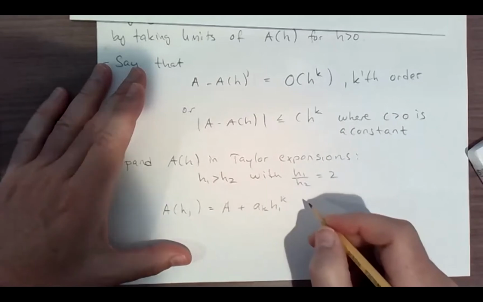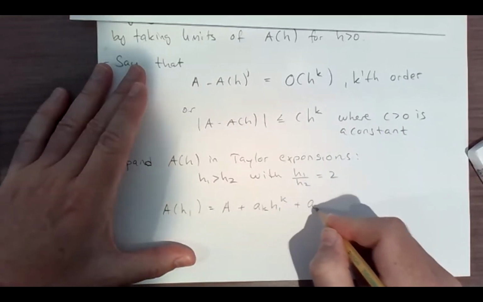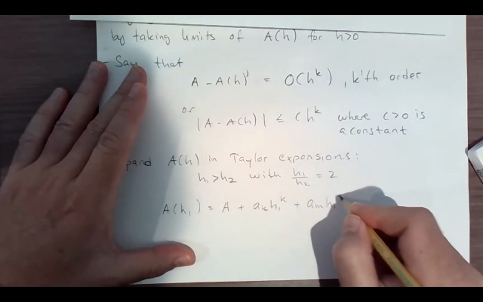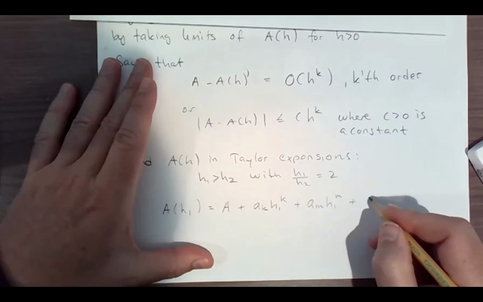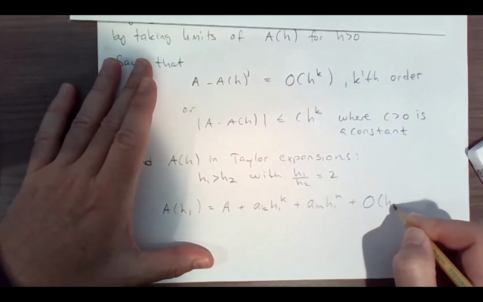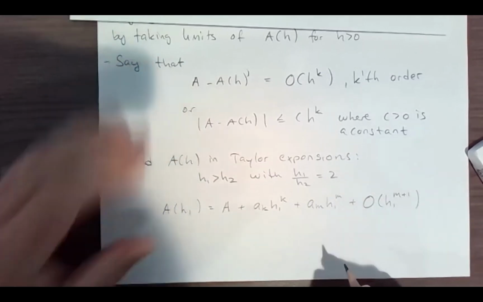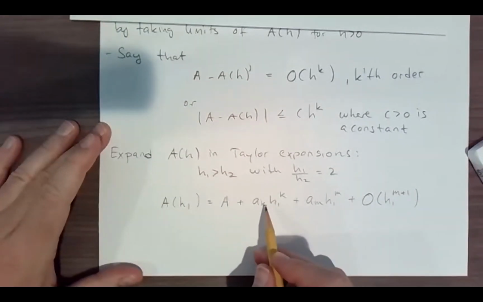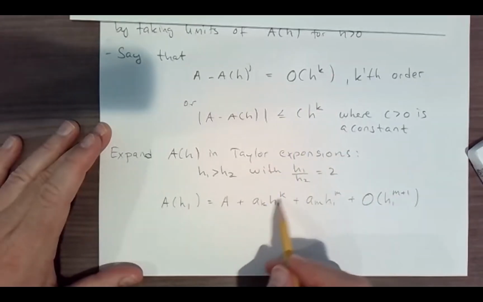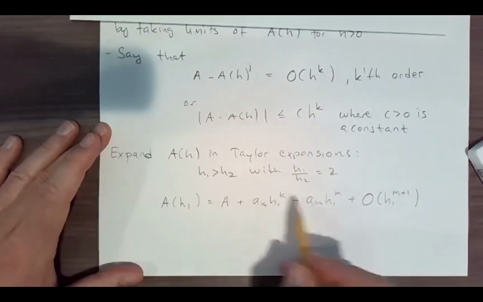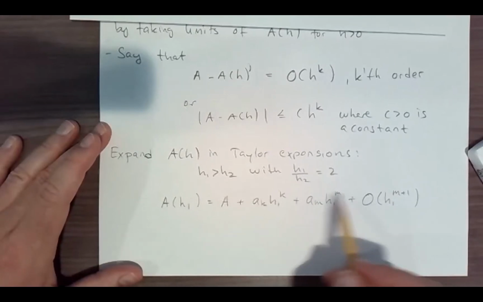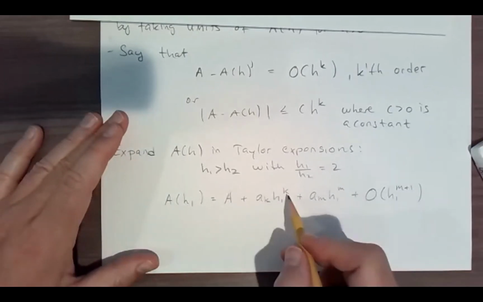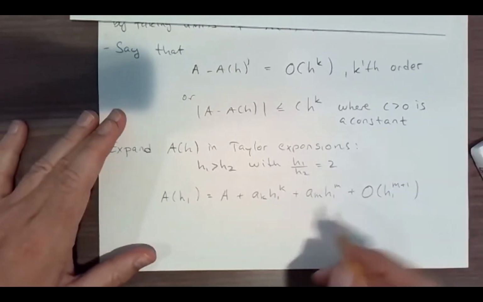And then there'll be some higher order terms, like an AM H1 to the power M plus yet something else, O of H1 to the power M plus 1. So this is by the assumption that we have a K up here. This is the reason we're going to get a K here. And then the next order is going to be M. M is going to be bigger than K. Typically, M here is going to be K plus 1, but it could be that it's even higher. So I'll just put an M here.